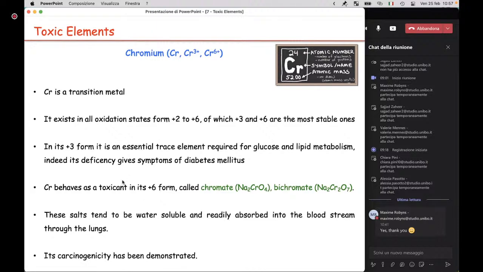So you can see that a simple oxidation from 3+ to 6+ means that the same metal goes from an essential element to a toxic one. In particular, the +6 form is usually found as chromate CrO4 2- or bichromate Cr2O7 2-. Here we can see sodium chromate and sodium bichromate, but of course the important toxic part is chromate and bichromate.